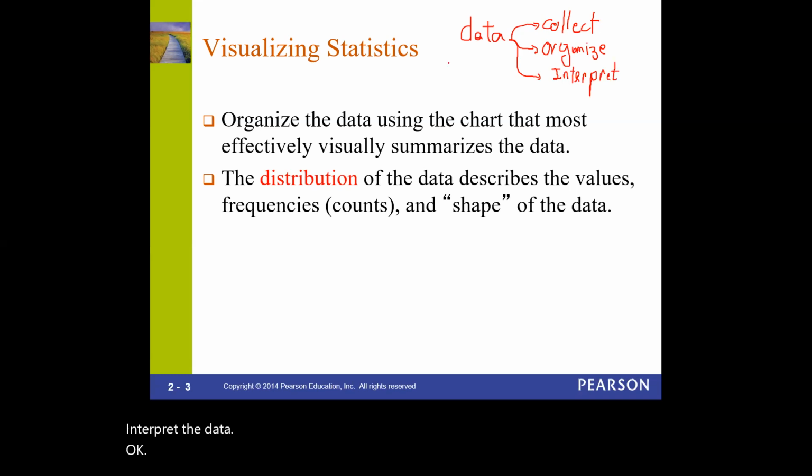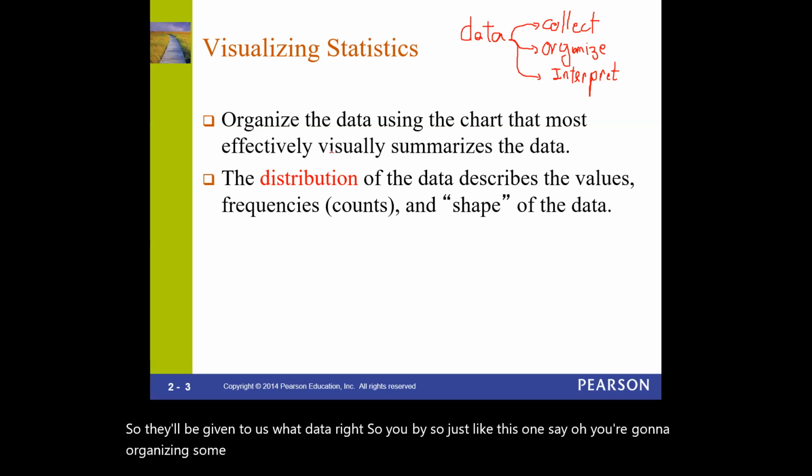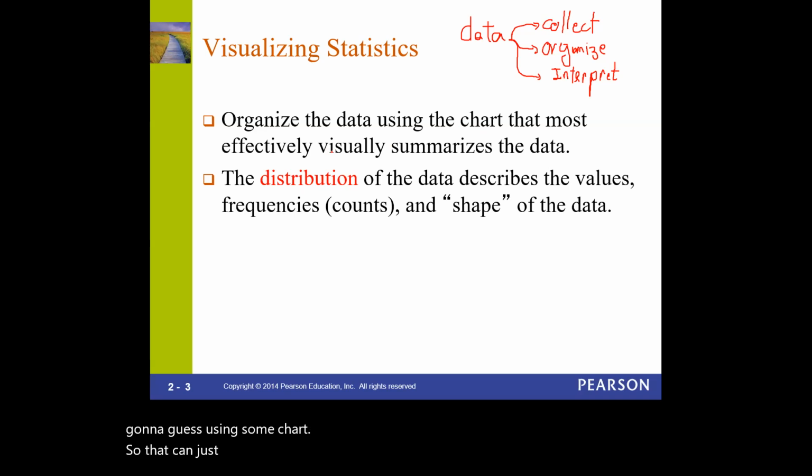The data will be given to us as raw data, right? So you're gonna organize it using some chart, and the chart will be something easier to see. We can use something called a frequency distribution, which describes the value and the frequency count.